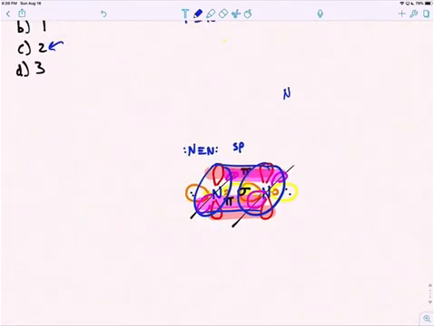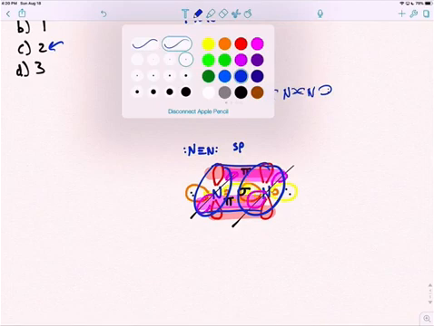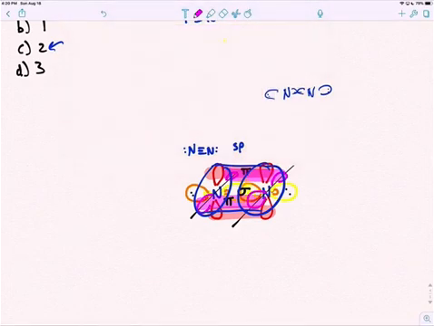Let me draw this again. You have nitrogen, nitrogen, and it's going to be sp hybridized. So you have the lone pair in one of the sp orbitals, and then you have a sigma bond across here. Then one of the p overlaps is going to be along this plane, and another along this plane.